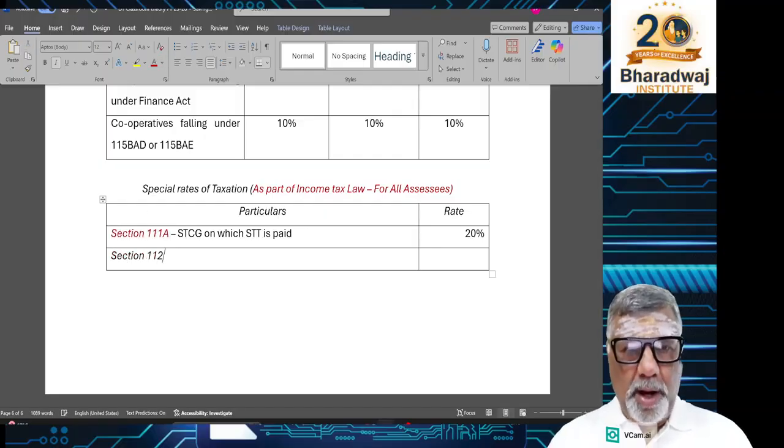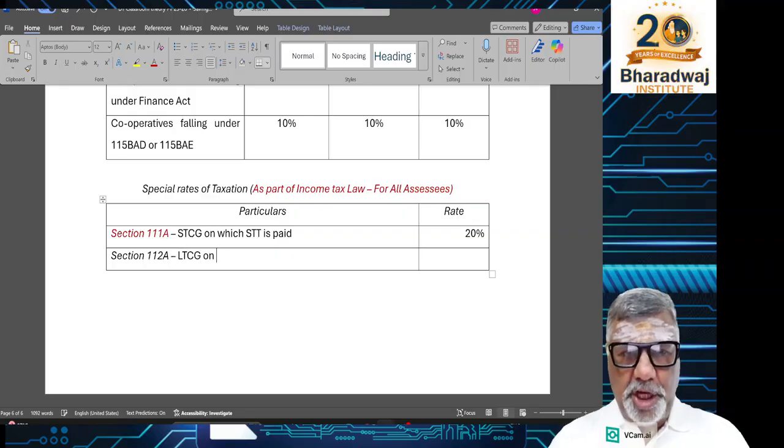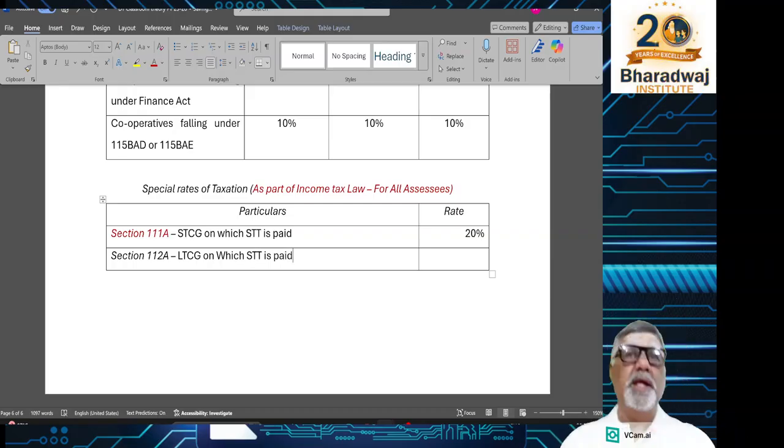Section 112A: LTCG, on which STT is paid.